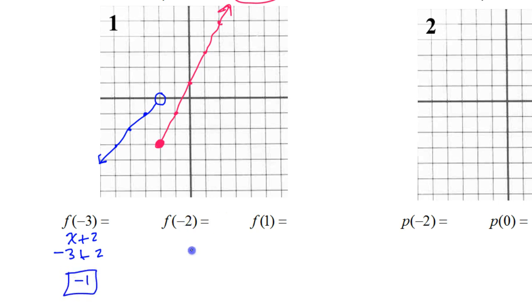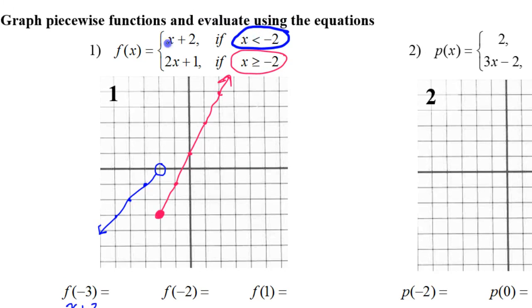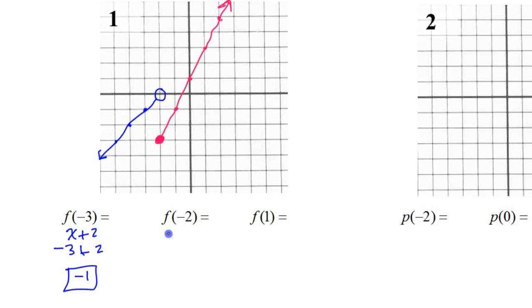Now how about -2? Is that going to be the top function or the bottom function? It's going to be the bottom function because negative 2 equals negative 2. So that equal tells us to use the bottom function, 2x plus 1. So 2x plus 1 is 2 times negative 2 plus 1. That's negative 4 plus 1, that's 3.